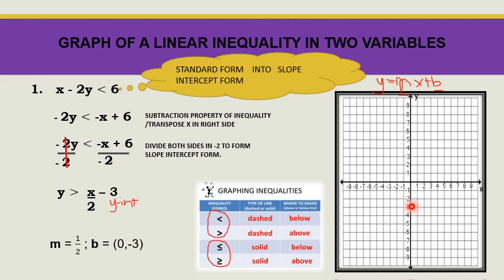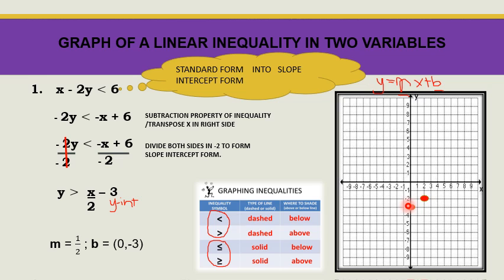From the start here, let's count 1, and run. Because it is positive, we go to the right. Let's count from the start here, 1, 2. So therefore, another point is here. Again, let's plot first the (0, negative 3). That's for the y-intercept. So this is (0, negative 3).